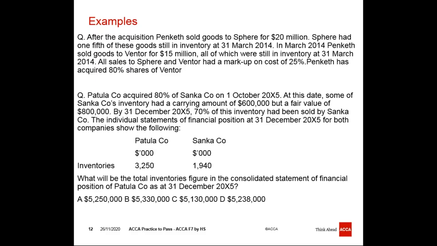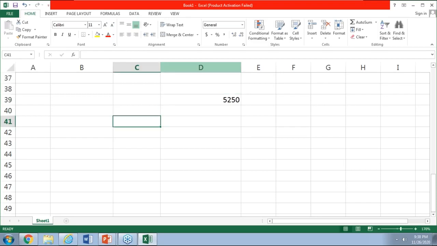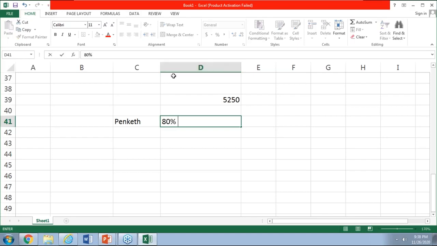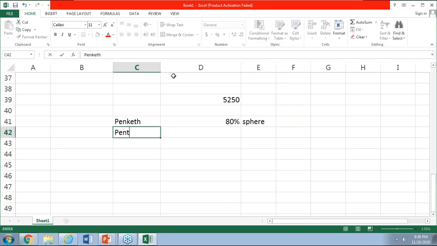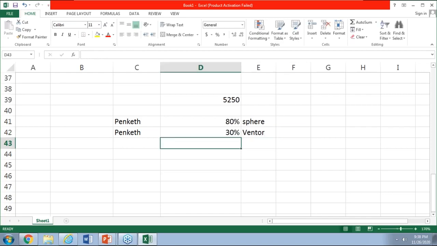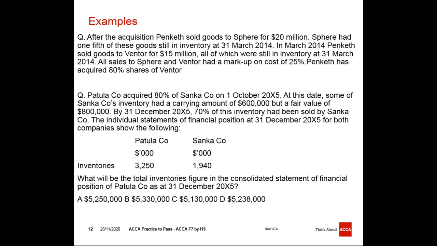Okay, let's make this question a little bit different. In this question, I'm just giving you some adjustments: Penketh has acquired 80% shares in Sphere, and Penketh has acquired 30% shares in Venter. So now one is a subsidiary and one is the associate.